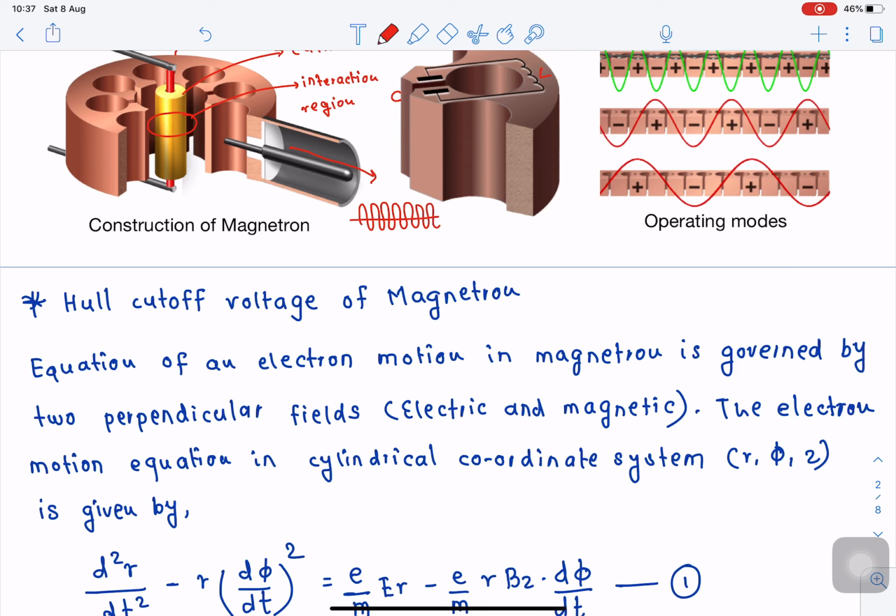That's why we call it the Hull cutoff voltage for the magnetron. So what is the Hull cutoff voltage condition of the magnetron tube? This condition tells us what specific value of either magnetic field or electric field we need to maintain so that the process of velocity modulation begins in the tube, right?